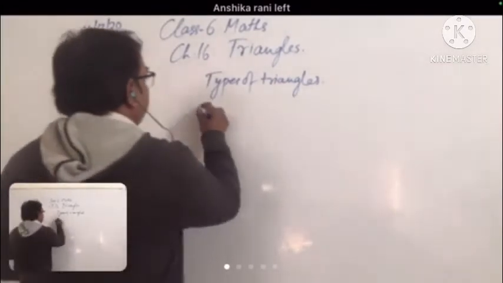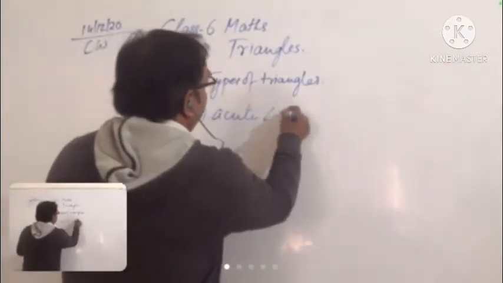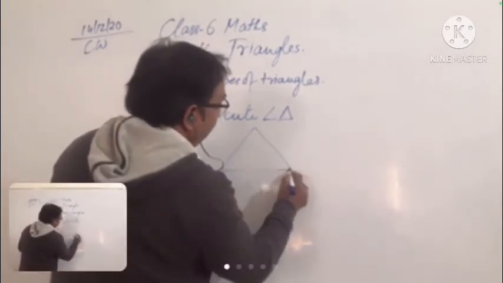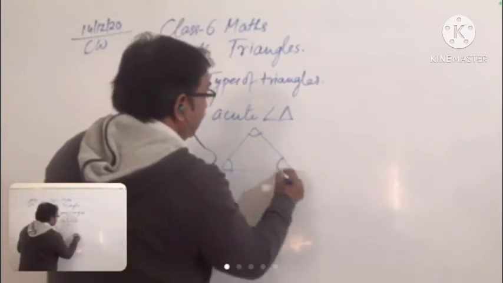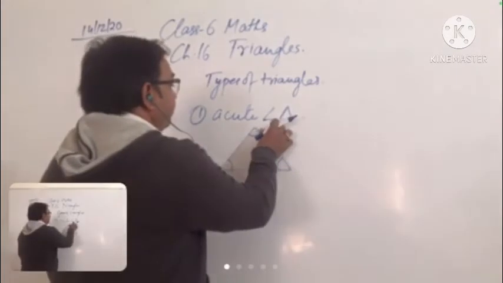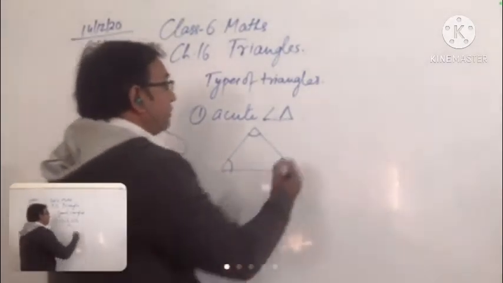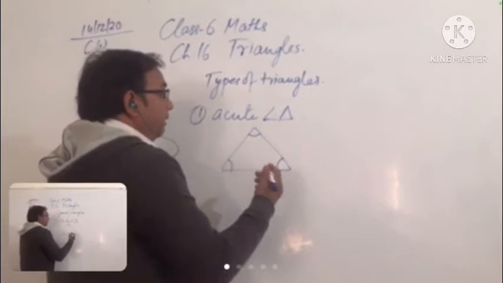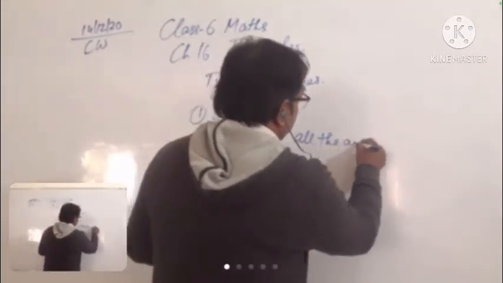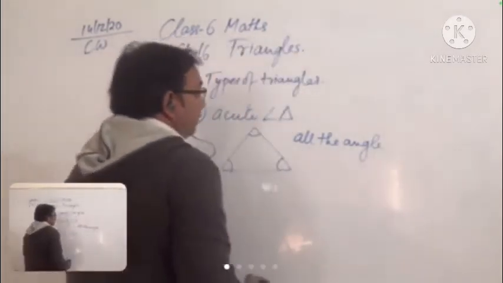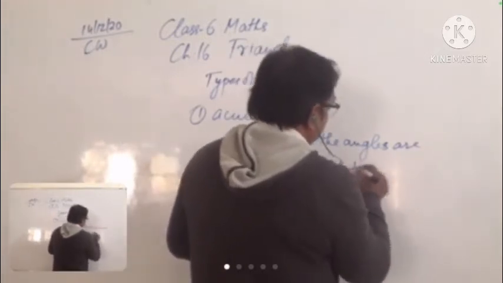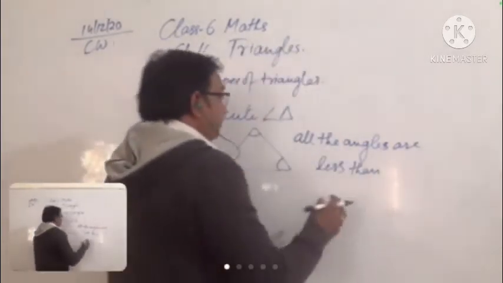Now first let us understand angle based triangles. The first is the acute angle triangle. In an acute angle triangle, all angles are less than 90 degrees and more than 0 degrees, that is, all angles are acute. So now the question arises, what is an acute angle?